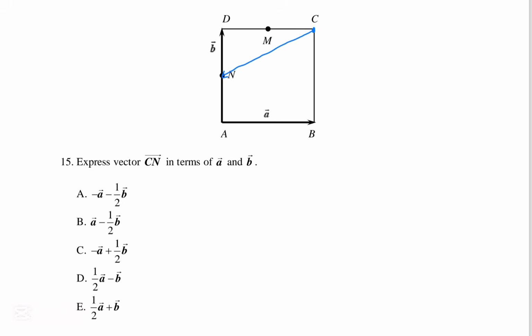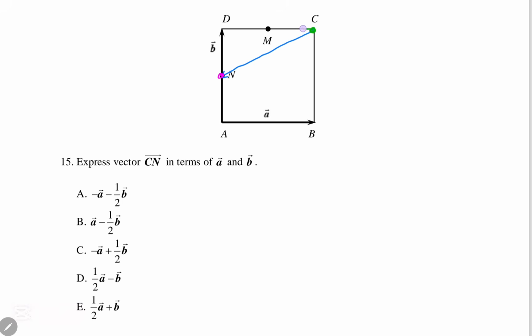We know very simply that this is the midpoint, like here, this is half B, and this is also half B. This is just for you to know, just to pay attention, because N is the midpoint and M is also the midpoint. So, how do I reach from my starting point to my ending point?